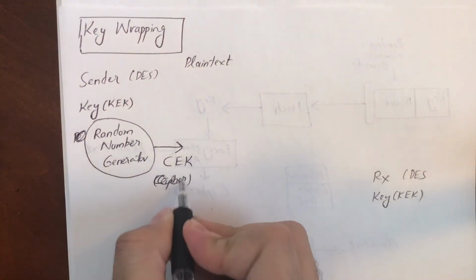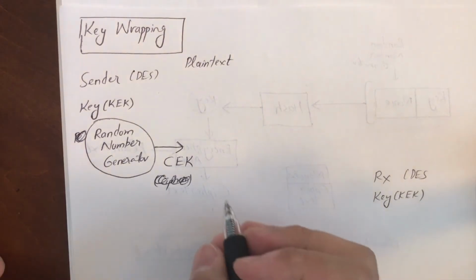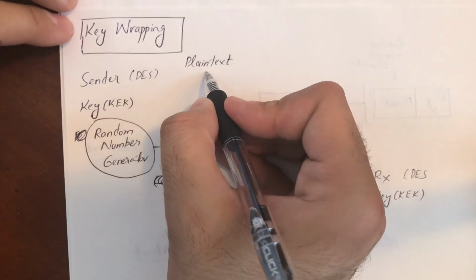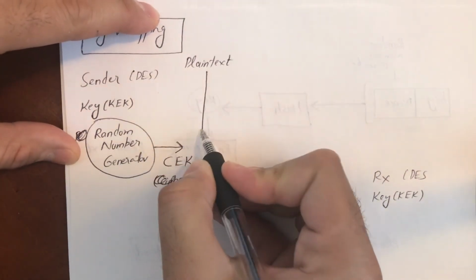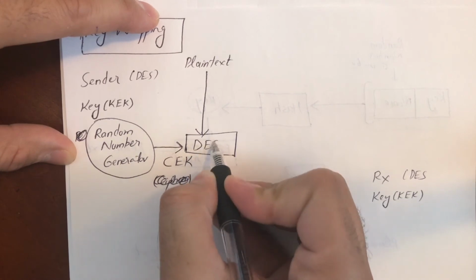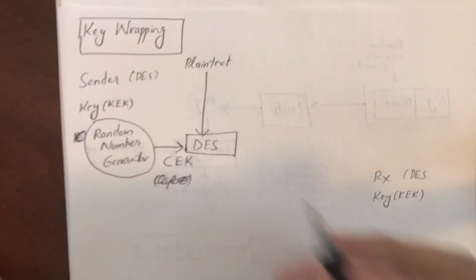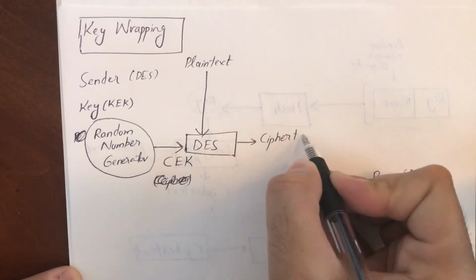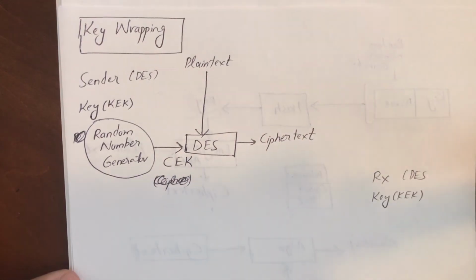This is just a key, a random number, whatever you want to name it. The sender encrypts this plain text with this random number using the same encryption algorithm, like DES, for example. We get the ciphertext. So the message got encrypted by using this random number.